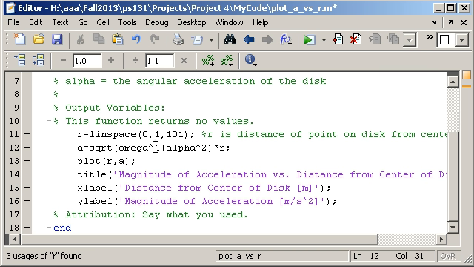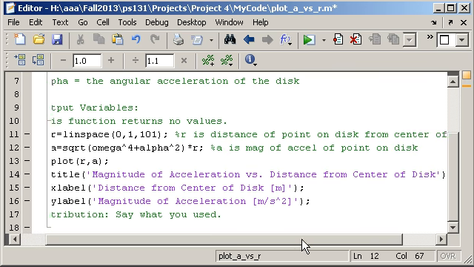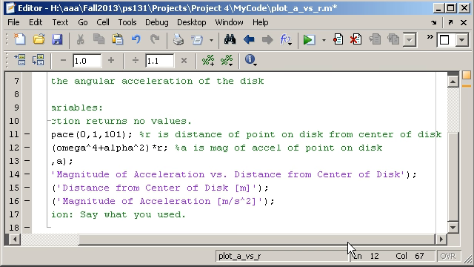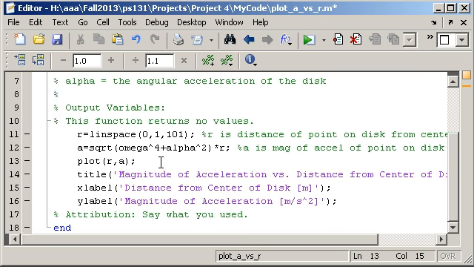And then mag A is magnitude of acceleration of point on disk. Alrighty. I want to reread the first one so I can make it a little shorter. Is distance a point on disk from center of disk? Nope, that's good. So I'd say it's well documented at this stage in terms of anything that folks might not know what's going on.